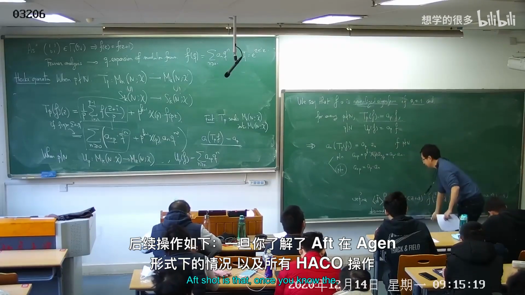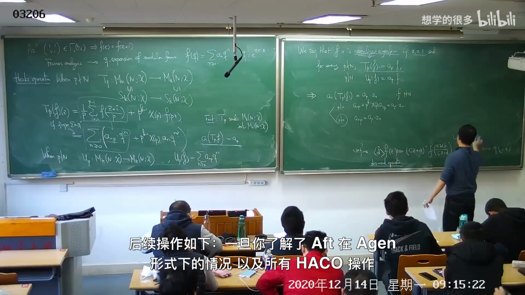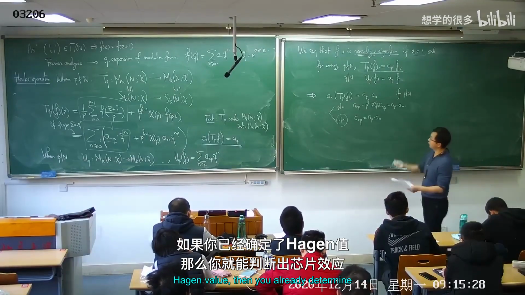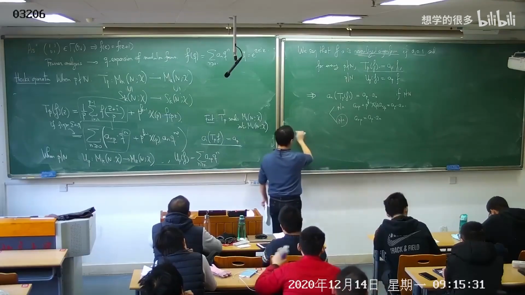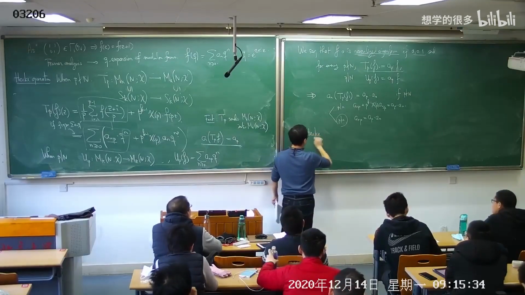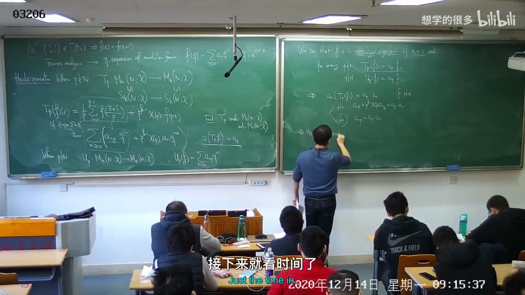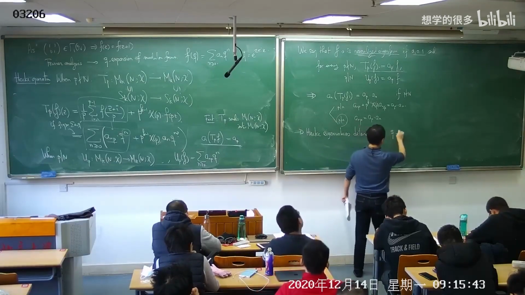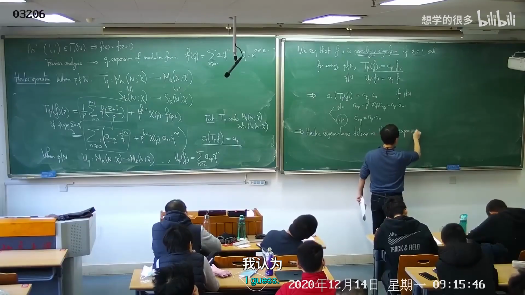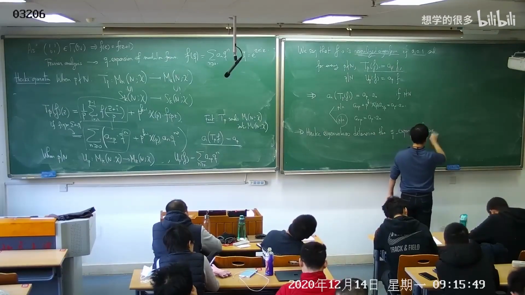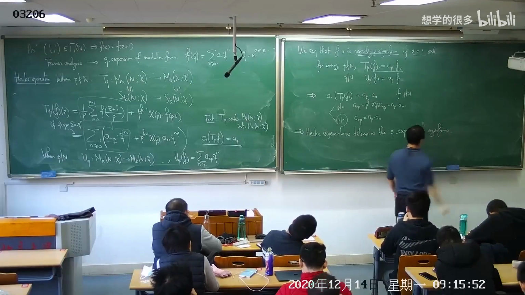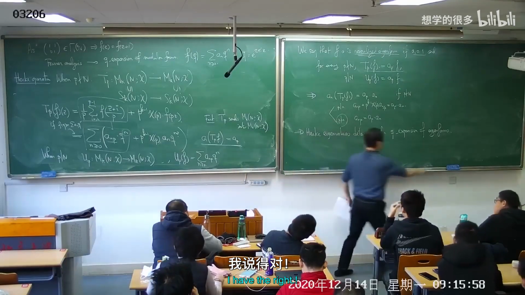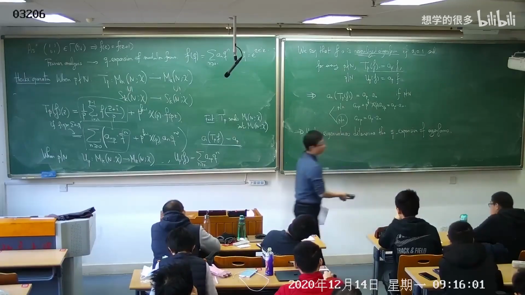The upshot is that if you know that f is an eigenform, and you know all the Hecke operators' eigenvalues, then you already determine the q-expansion, by these kinds of recursive relations.